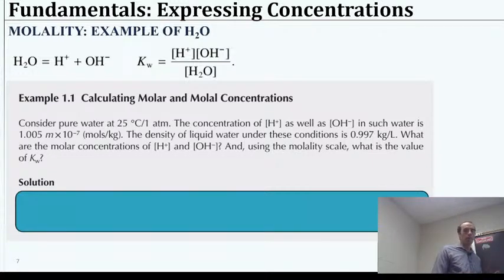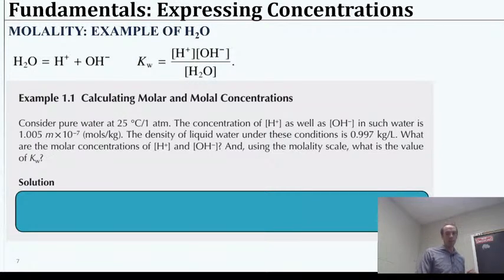It says consider pure water at 25 Celsius and 1 atm. That's pretty much room temperature. The concentration of H plus as well as OH minus in such water is 1.005 times 10 to the minus 7 m, so that's molality, moles per kilogram.